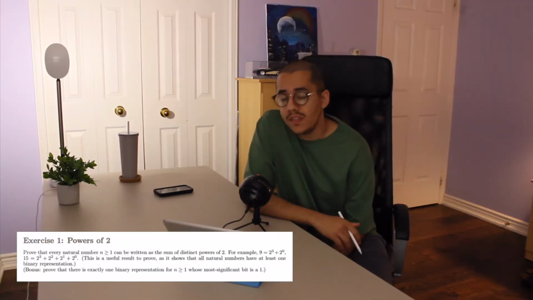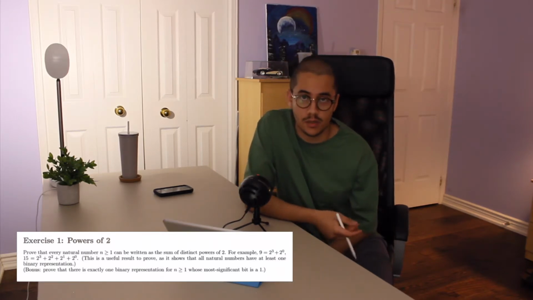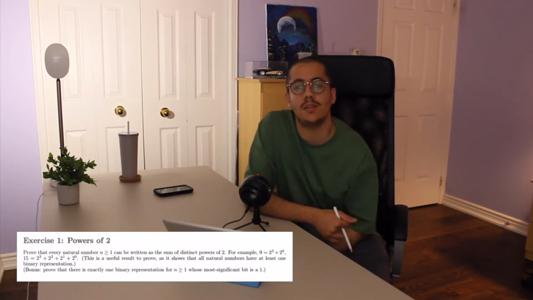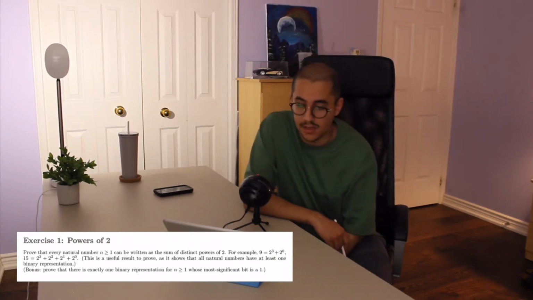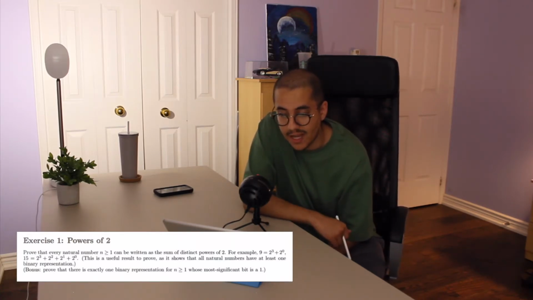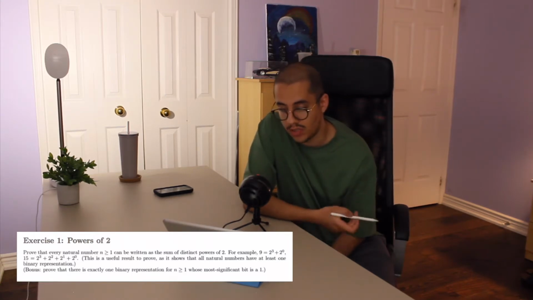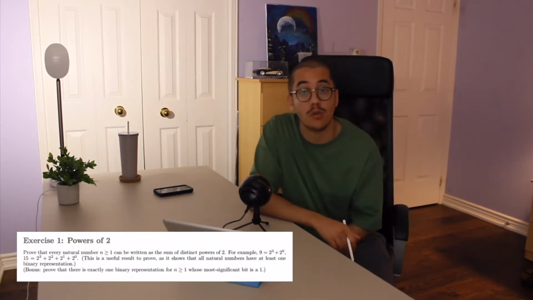Alright, so for this question, we have to use structural induction, but it's similar to our good old simple induction, where they both start with a base case. In this scenario, it says that for any natural number that is bigger than or equal to 1, can we make n equal to 1 with distinct powers of 2?